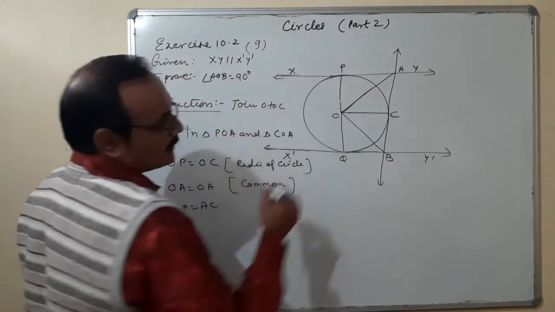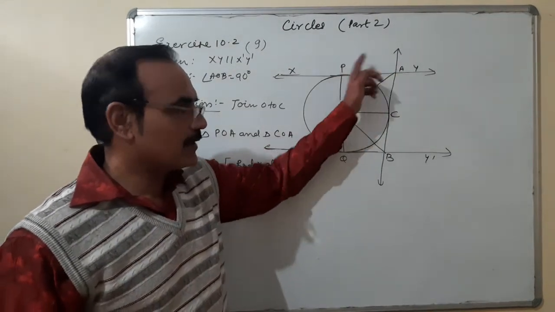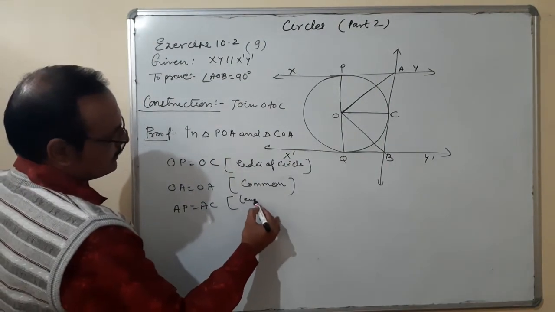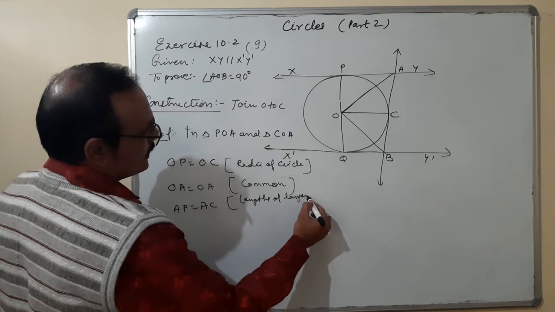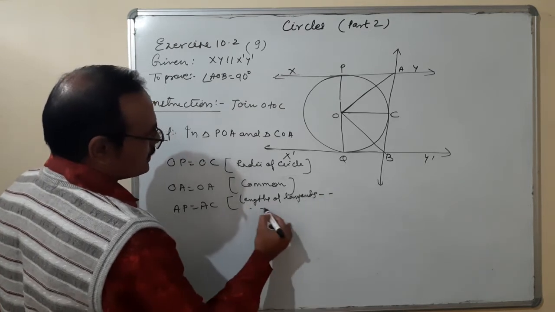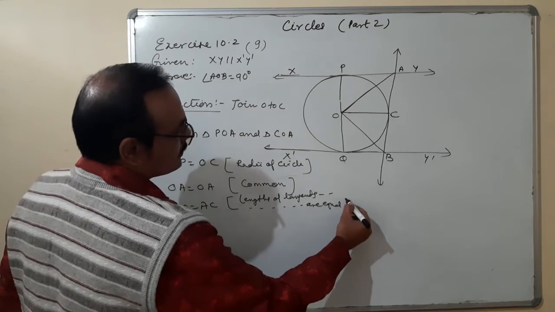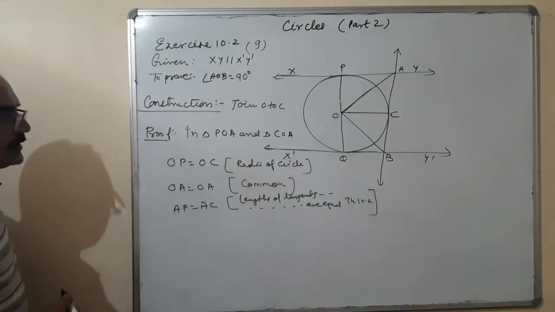Remember theorem 10.2: lengths of tangents drawn from an external point to a circle are equal. Theorem 10.2. All three sides are equal.